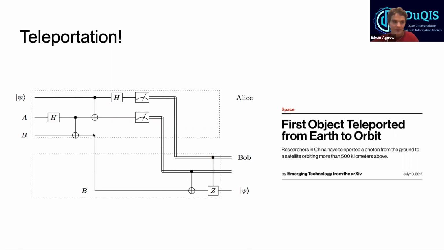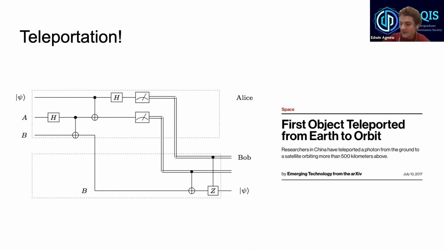Remember that without this, there would be no way you could ever send someone a state, because if it was in a superposition and you measured it to try and get an idea of where it was, you've only got one measurement you can make. And so you can never actually know what it was beforehand. But the workaround is you can instead literally teleport your state to the other person.